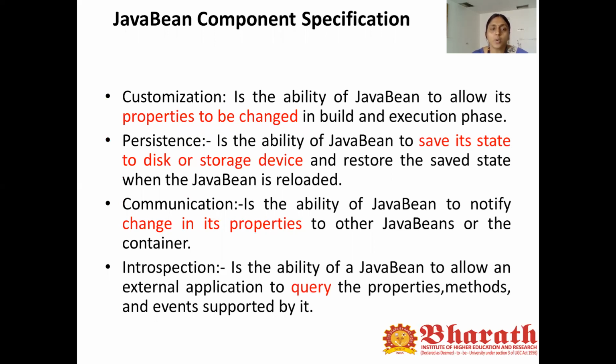The next specification is communication, that is, the ability of the object to notify other Java Bean components or the container of changes in its properties. And next is introspection, which is the ability of the Java Bean to allow an external application to query the properties, methods, and events supported by it.